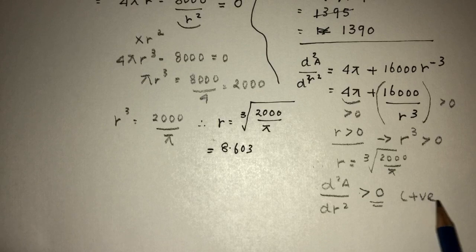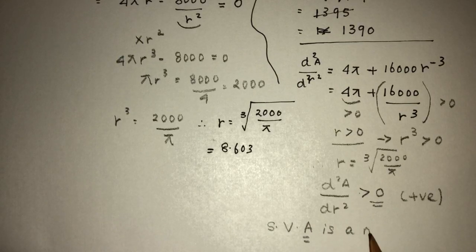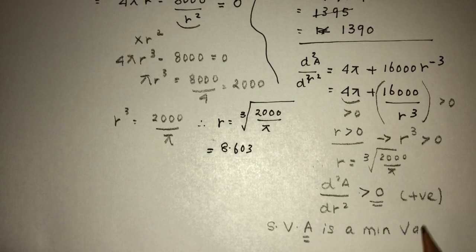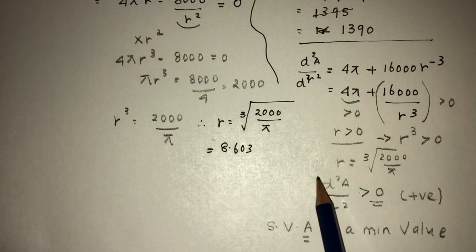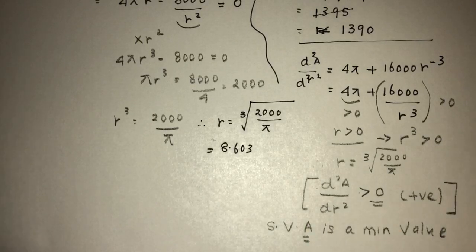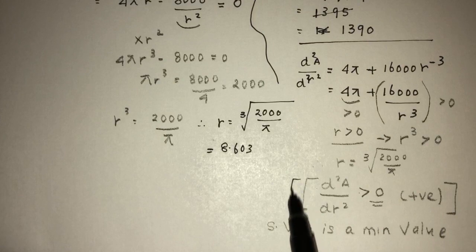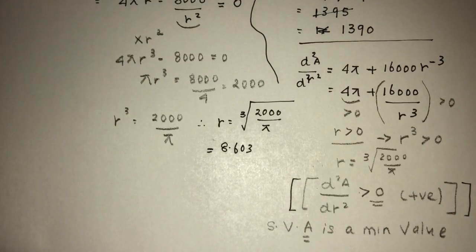Since it is positive, the stationary value of A, which is area, is a minimum value. So you have to show this to show it is a minimum value. This is the main thing you need to show.